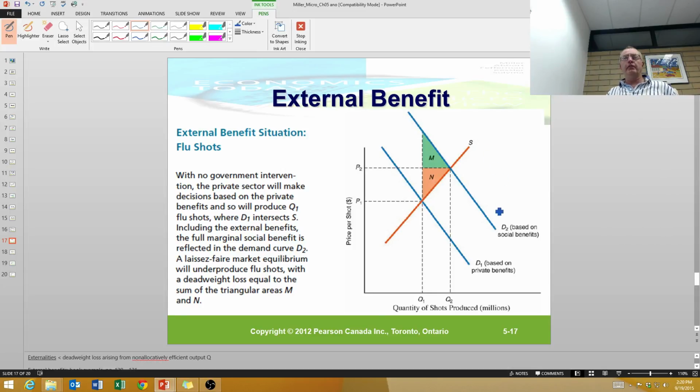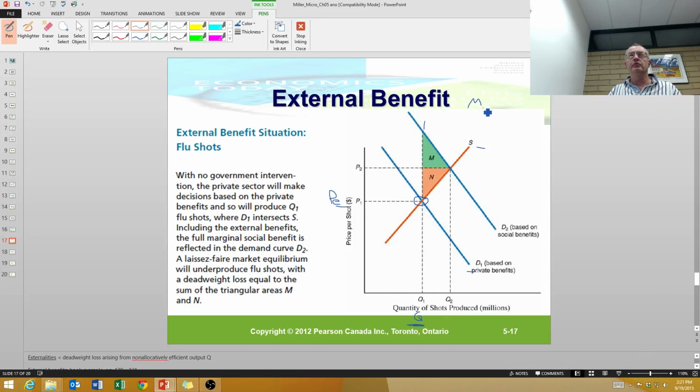So with an external benefit, we have our supply and demand curve, and so here's our equilibrium price, here's our equilibrium quantity at the bottom. So when we have positive externalities, otherwise known as external benefits, it means that at the level of output determined by the free market, society actually derives a higher benefit than the private company.